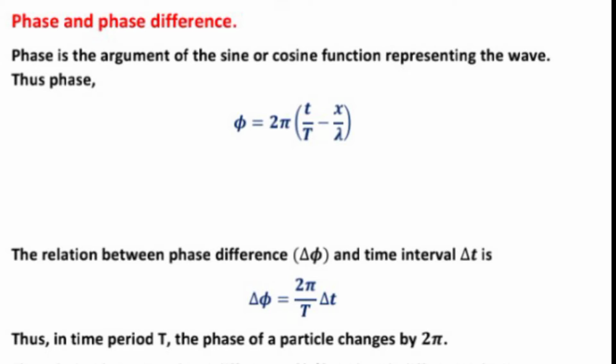The relation between phase difference delta phi and path difference delta x is given by delta phi equals minus 2 pi upon lambda into delta x.